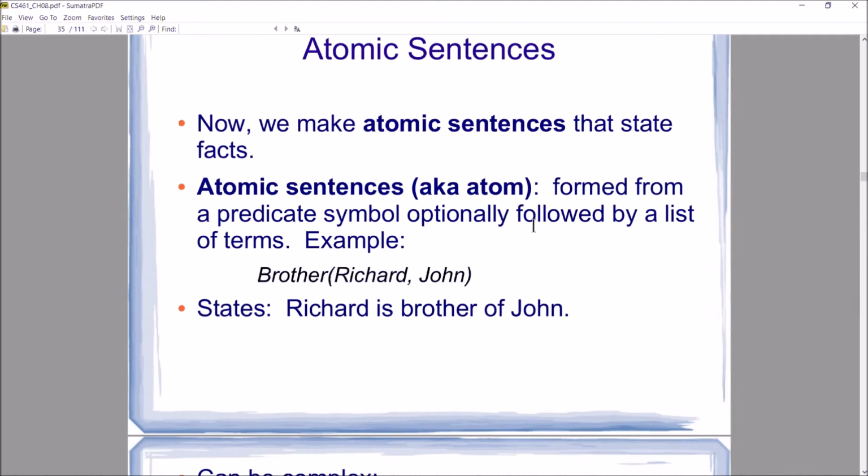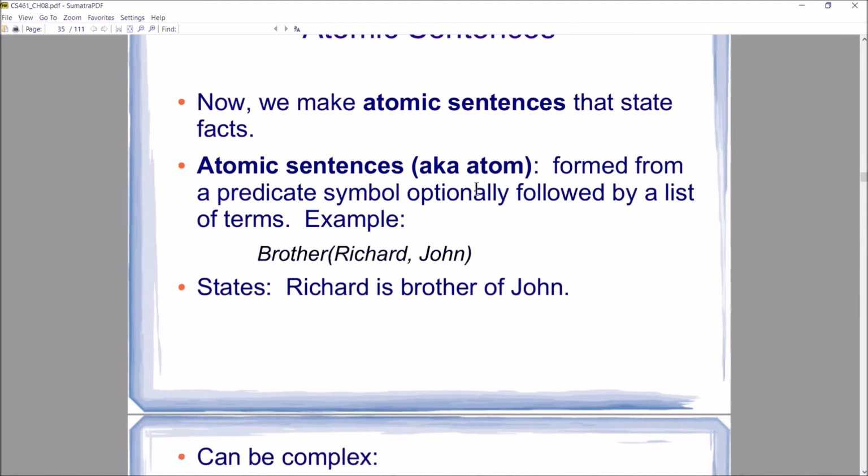All right, so we can make atomic sentences, and atomic sentences are going to state some facts. These are also known as atoms. The way you create these is you use a predicate symbol, such as Brother, and you follow it by a list of terms. When you look at this, what does this atom mean? This is a fact, saying that we have some brothers, and you read it from left to right.